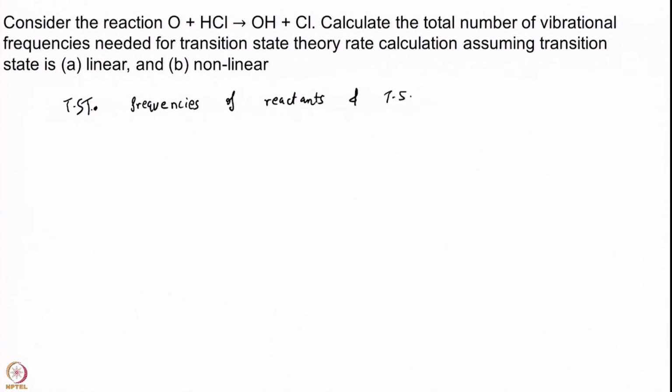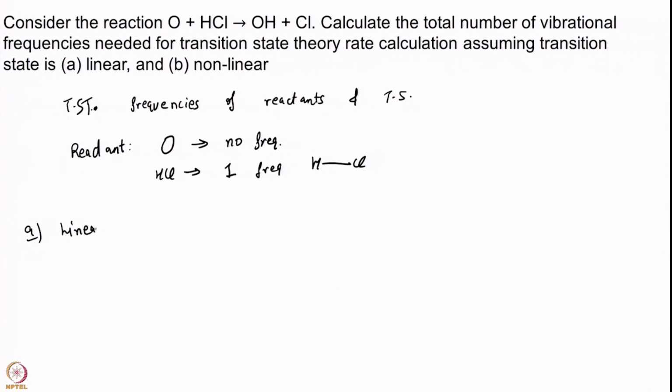I do not worry about products. Reactants here: O, well that is an atom, atom does not have frequencies, there is no vibration there, no frequency. HCl, one frequency, the stretch, right. So, HCl can vibrate, one frequency only.